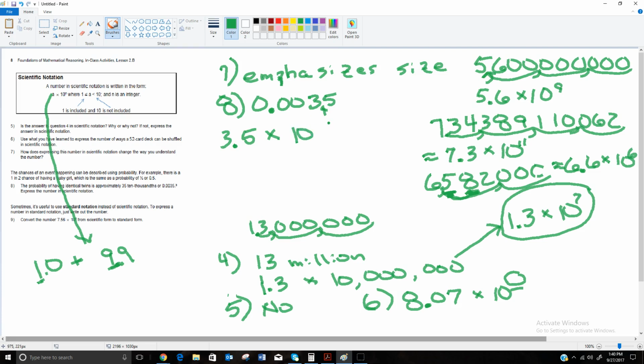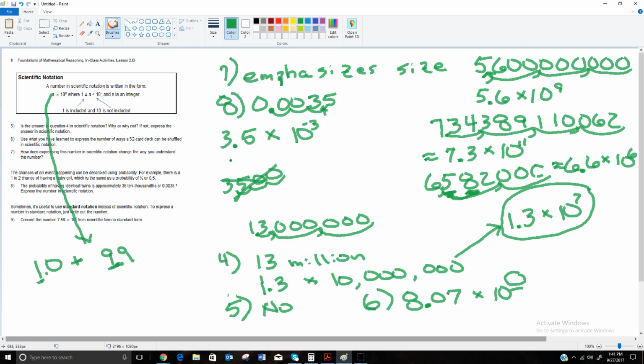But if I say 3.5 times 10 to the 1, 2, 3, that means 3,500. That would mean 1, 2, 3. That'd be 3,500. And that's not what I want. I want 0.0035.